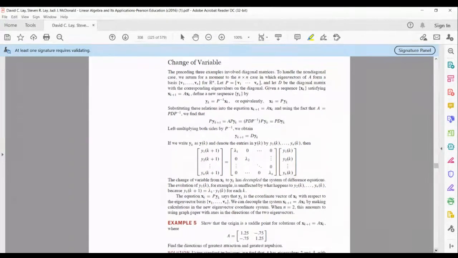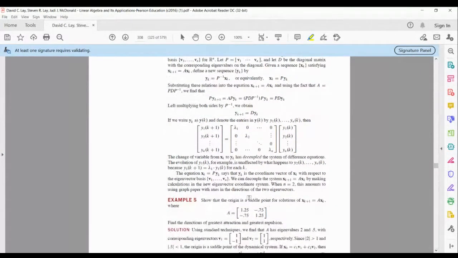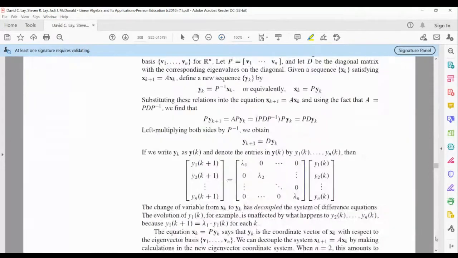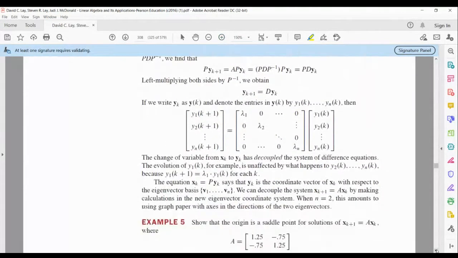What we can get from this statement right here, the equation x sub k equals P times Y sub k, says that Y sub k is the coordinate vector of x sub k with respect to the eigenvector basis.